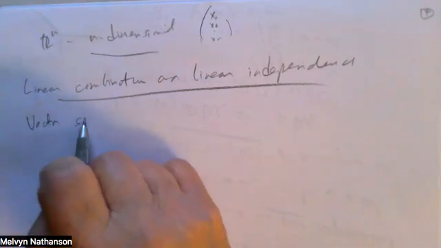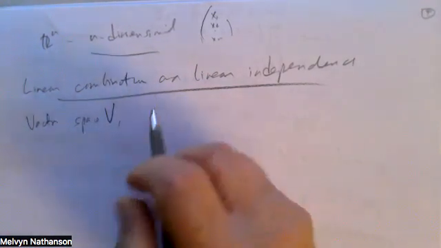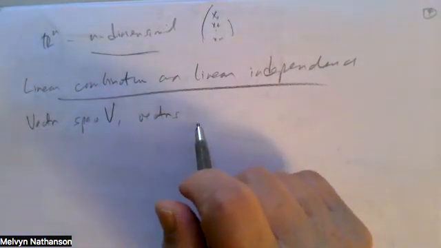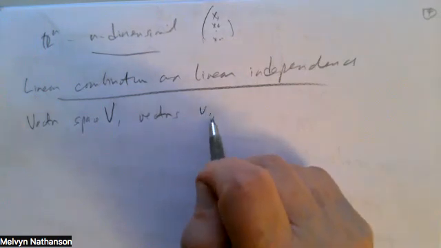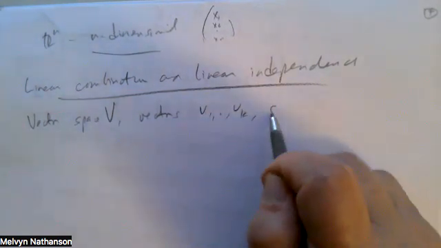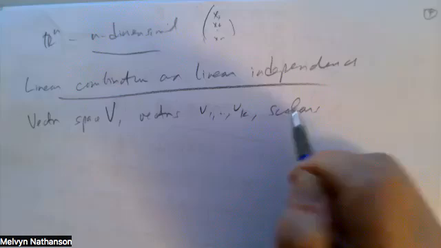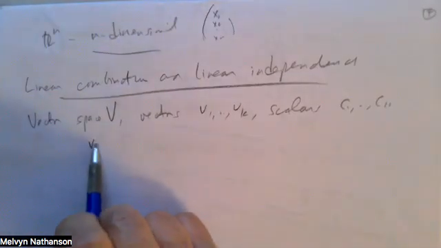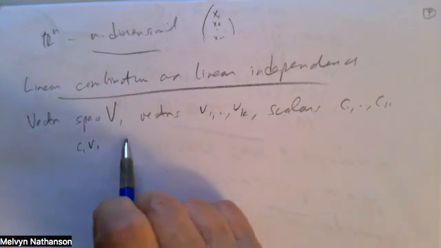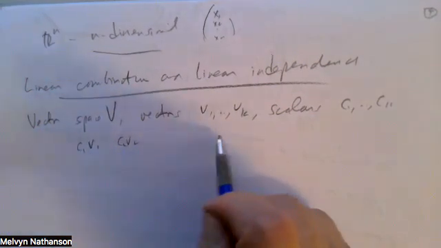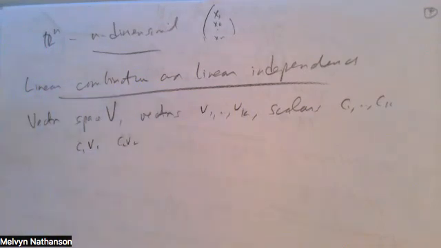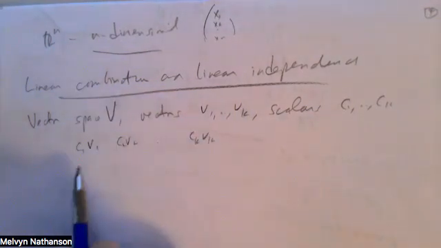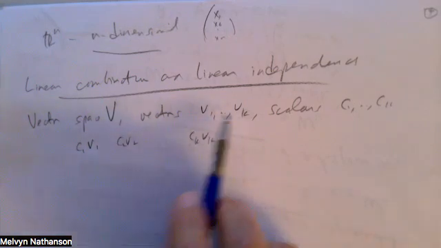So we have a vector space V, and in that vector space, we have vectors, let's say V1 up to Vk, and we have scalars C1 up to Ck. I can take V1 and multiply it by C1. I can take V2 and multiply it by C2. I can multiply each vector Vi by Ci. So I get these K scalar multiples of the original K vectors.